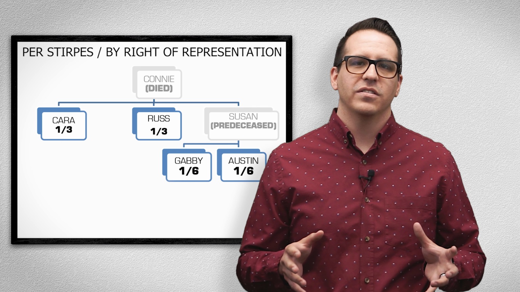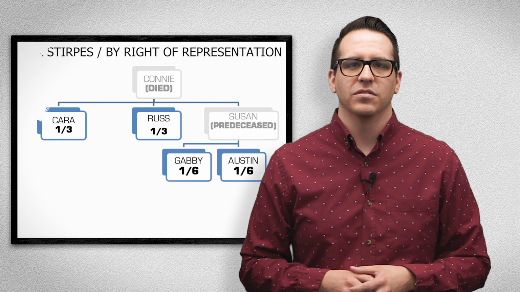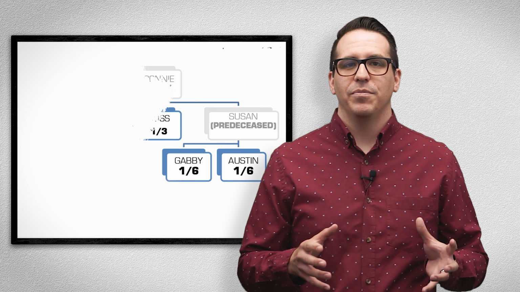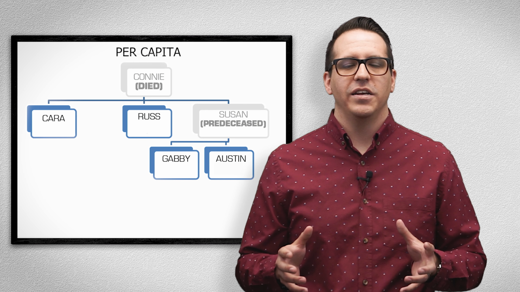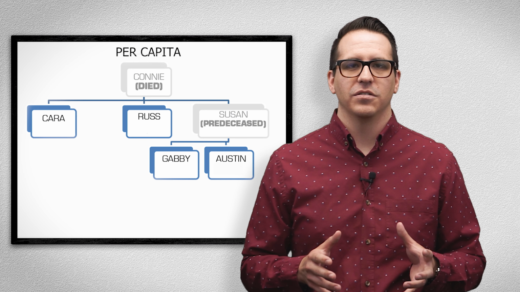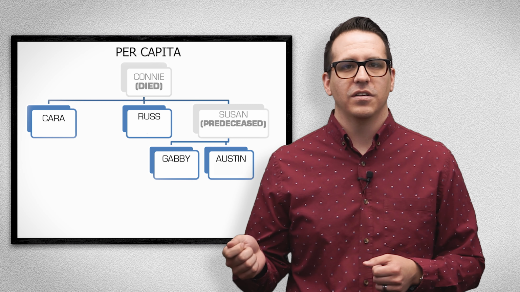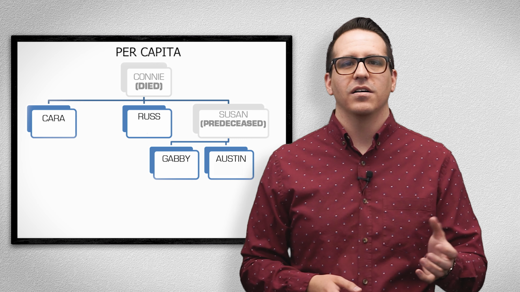Now let's contrast that with per capita distributions. Under per capita, every beneficiary will share in the estate equally. And so going back to our example, as Susan passed before Connie, Connie now has 4 total beneficiaries: her children, Cara and Russ, and her grandchildren, Gabby and Austin.